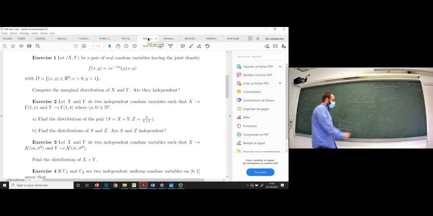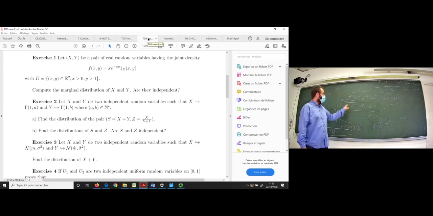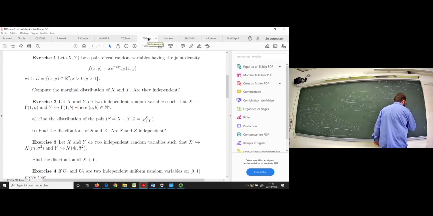If I want to obtain my gamma, I have to divide by gamma of A plus B. Now let's do it. Here I have the density of a gamma of parameter A plus B. But if I do this, it means that I have to multiply by gamma A plus B. And then I copy the remaining terms that are Z^(A-1), (1 minus Z)^(B-1), indicator function of Z between 0 and 1, over gamma of A, gamma of B.